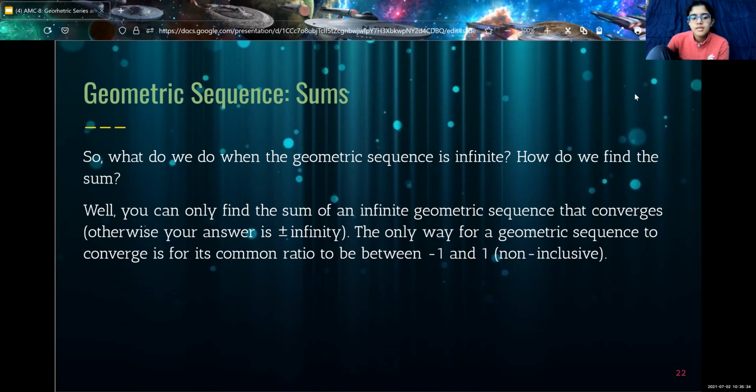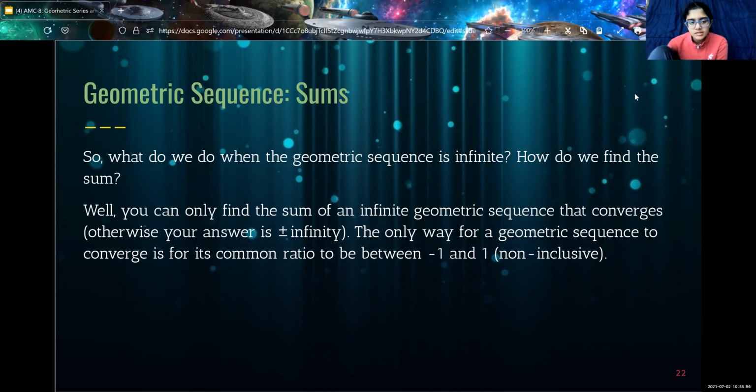Otherwise, if the geometric sequence diverges, which means the absolute value of each of the terms gets greater and greater, your answer would be infinity, because you're just adding numbers upon numbers that are not getting closer to 0. So it would be going on forever.